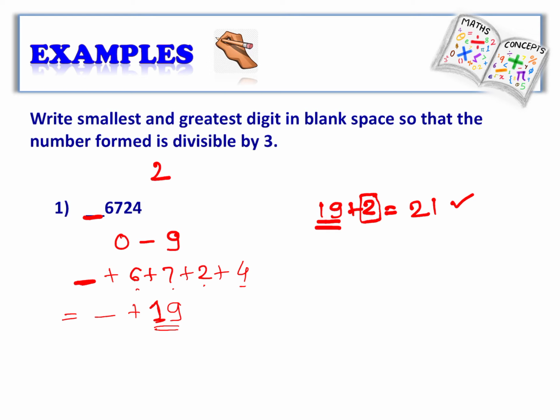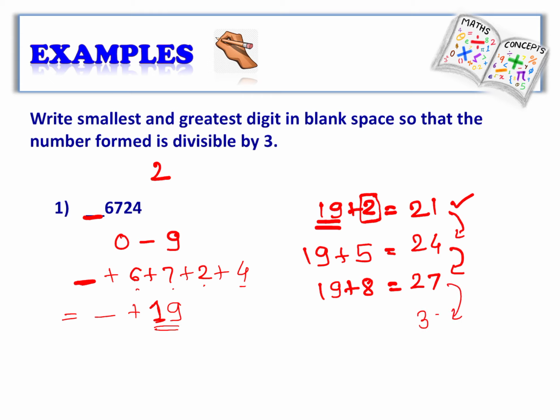Now let's try to find out greatest number. Next multiple of 3 is 24. To get 24, we will have to add 5 to 19, right? Next multiple of 3 is 27. To get 27, we will have to add 8 to 19. And next multiple of 3 is 30.